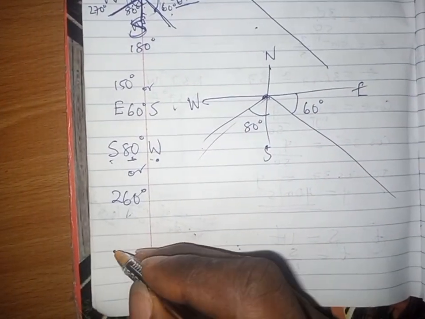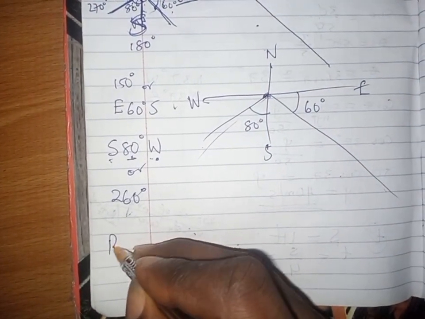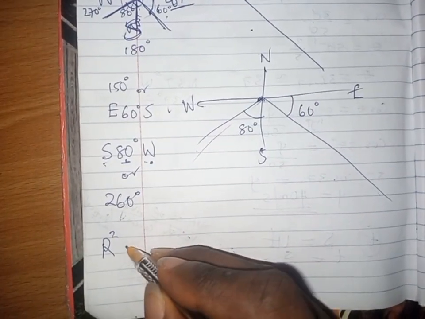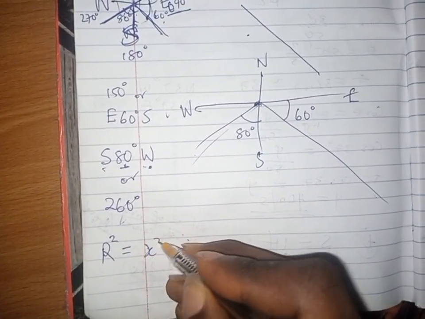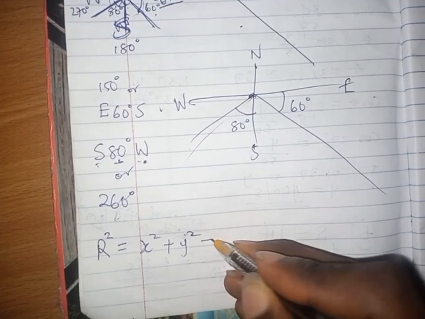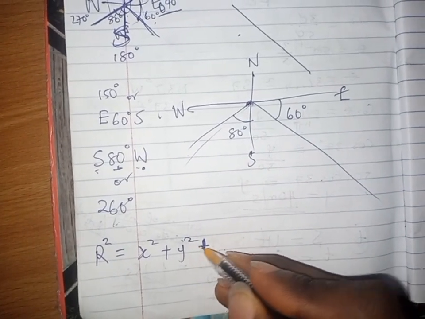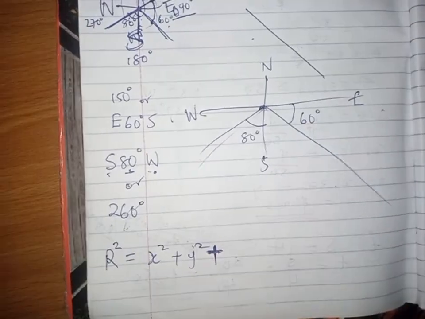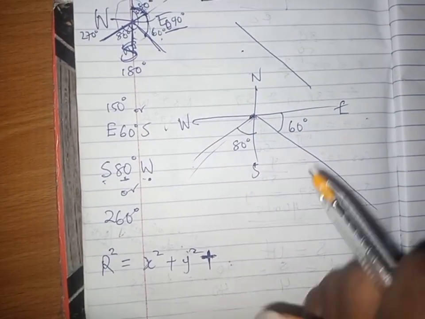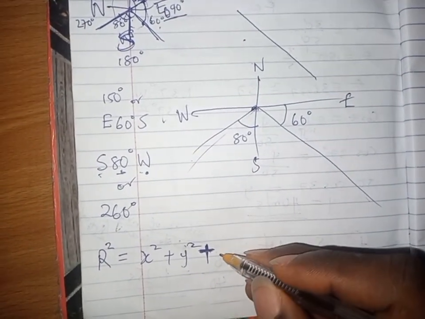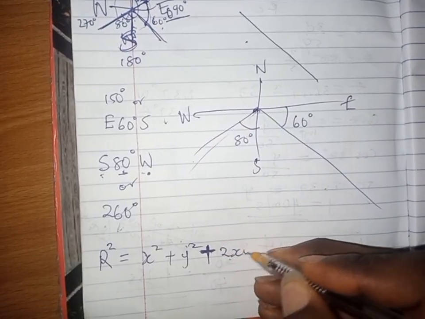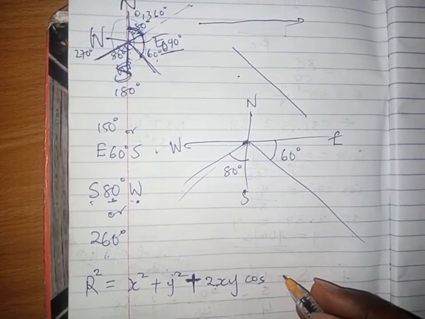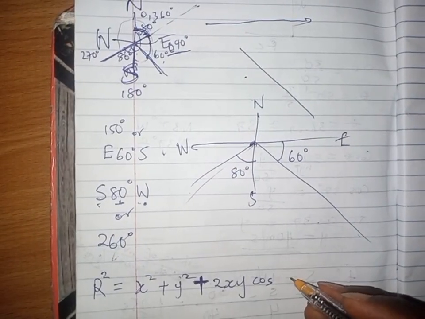Using the parallelogram method, finding the resultant is a bit different from the cosine rule. You do R squared equals X squared plus Y squared plus 2XY cos of whatever angle you have. If it were the cosine rule you would put minus, but you put plus because it's not just a side you are finding. What you are trying to do is bring it together to find the resultant, addition.